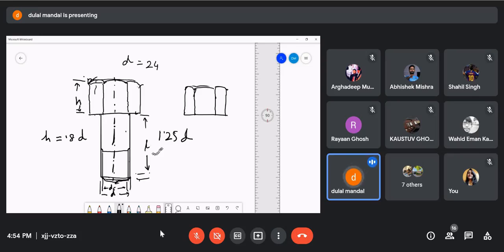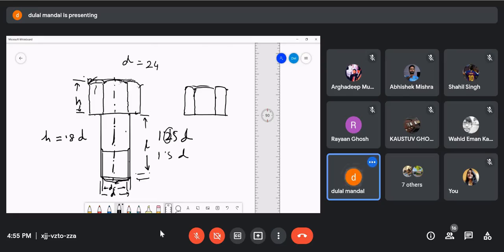Sometimes this can be taken as 1.5D. In some cases you'll find 1.5D; you can take 1.5D to 5D. That is called being chamfered. When you chamfer it, it looks like this. So you take 1.5D or 1.2D, it doesn't matter.